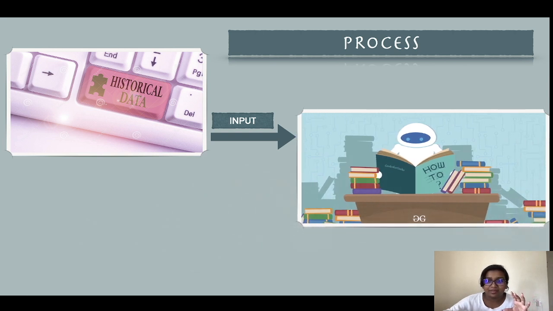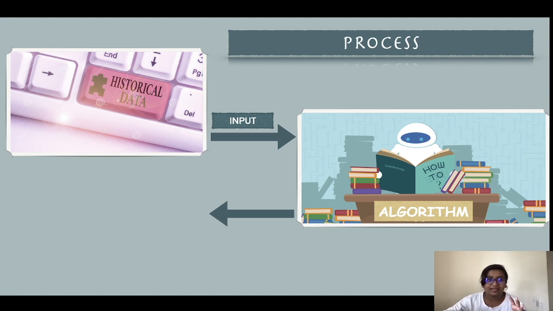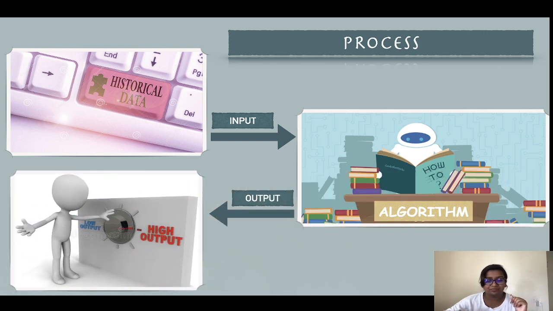So this algorithm, like you can see the white human there, learns each pattern, the trend and the relationship between the input variable and the output variable. Why? Due to this historical data, this output has been produced. It learns the relationship. All right, it maps the relationship. Now this is what we call a trained algorithm.